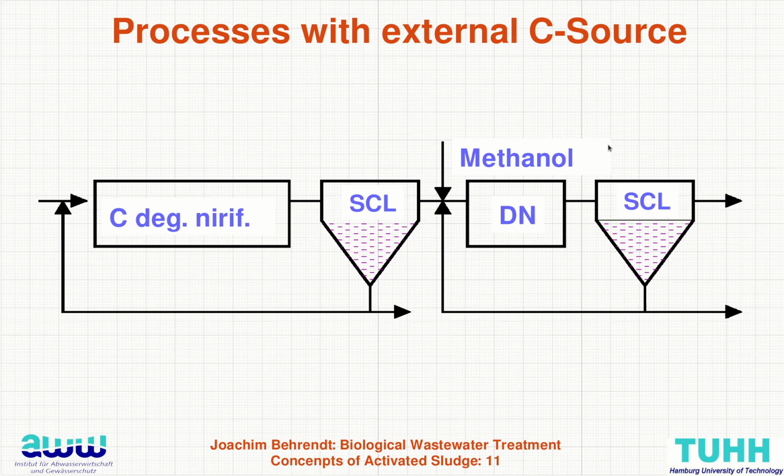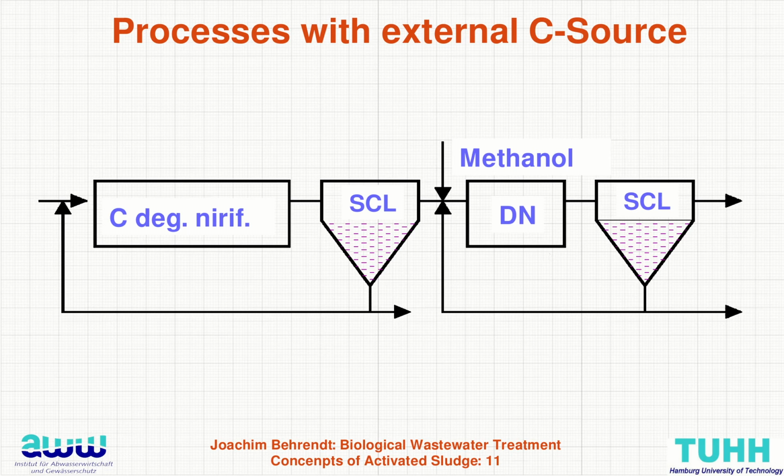This is normally done if you don't have space to expand your wastewater treatment plant for a complete nitrogen removal. This is done, for example, in Frankfurt. They have installed some fixed bed reactors, biofilters with methanol dosing for denitrification with a lot of control options.